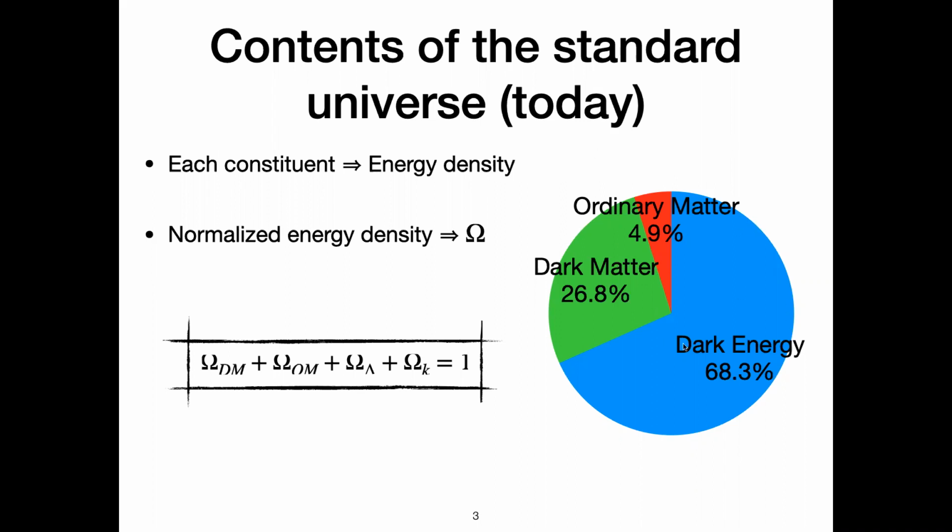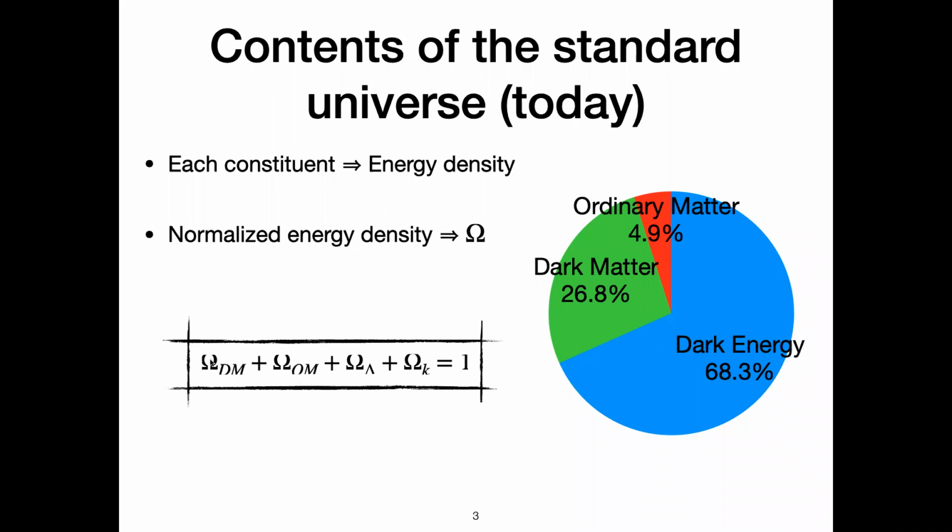With each constituent there is an associated energy density, and when we normalize this energy density, we get a parameter omega, which is called the density parameter. The sum of the density parameters of all the constituents of the universe should always be equal to 1.